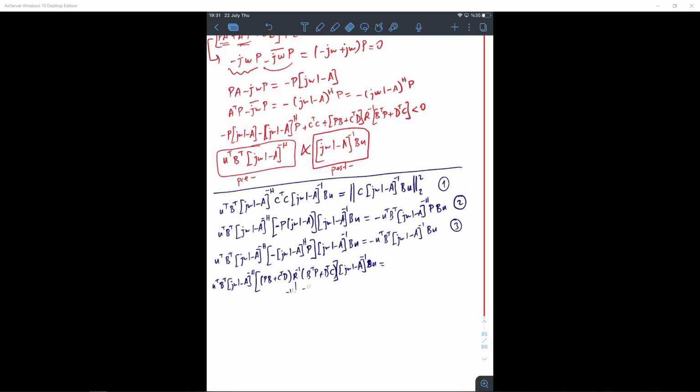If you do that, you are going to see that this part and this part is like X transpose X, and we can write this, right?